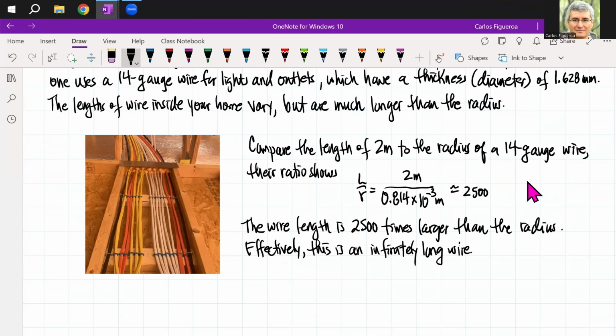So the magnetic field of an infinite wire is more important than that of a finite wire, unless we need more sig figs.